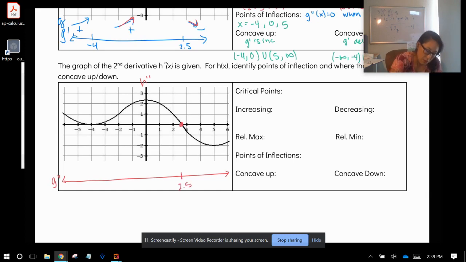Okay. And our critical points for our points of inflection are going to be the zeros of h double prime of x. H double prime of x is equal to 0. So just like we would use the second derivative test. Okay, so another critical point would be at -4.